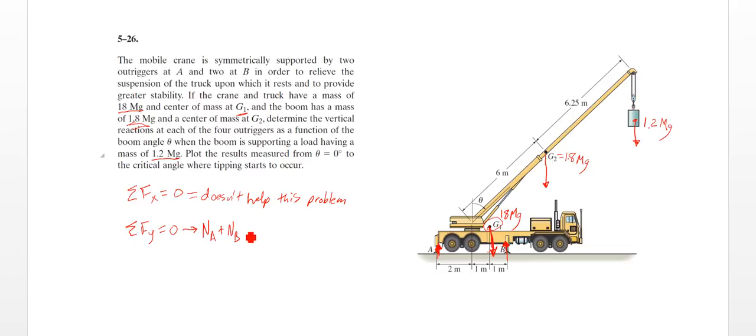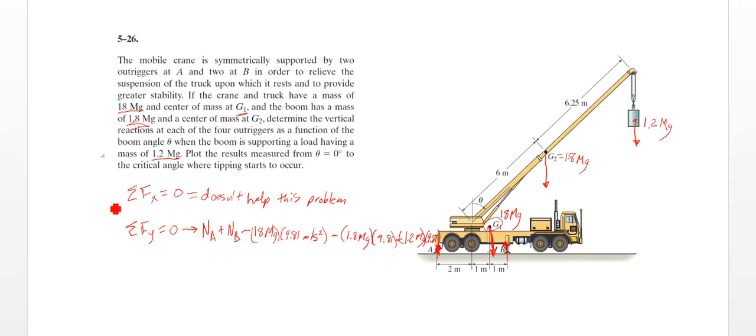So that equals 18 megagrams times 9.81 meters per second squared to get a force, plus 1.8 megagrams times 9.81, plus 1.2 megagrams times 9.81. So that's what we have.